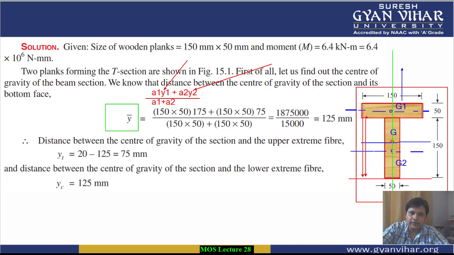From here to here it is 150, and from here to the center of this rectangle it is 25. So 150 plus 25 gives you the value 175 as y1.